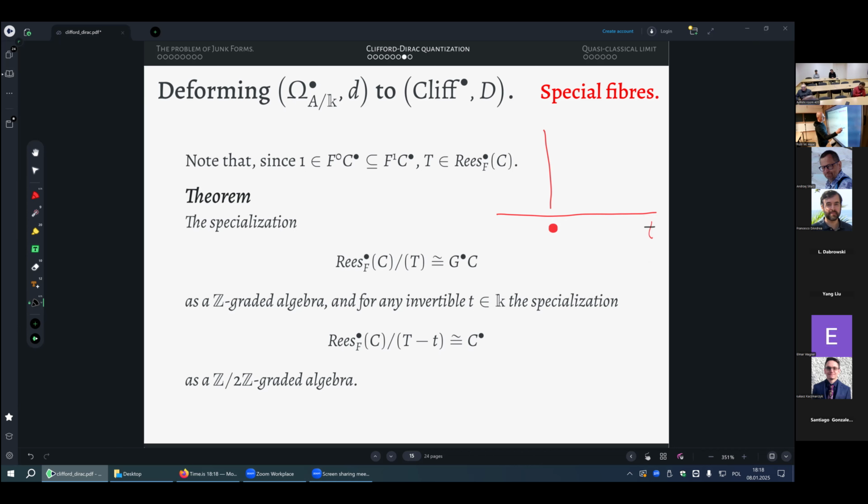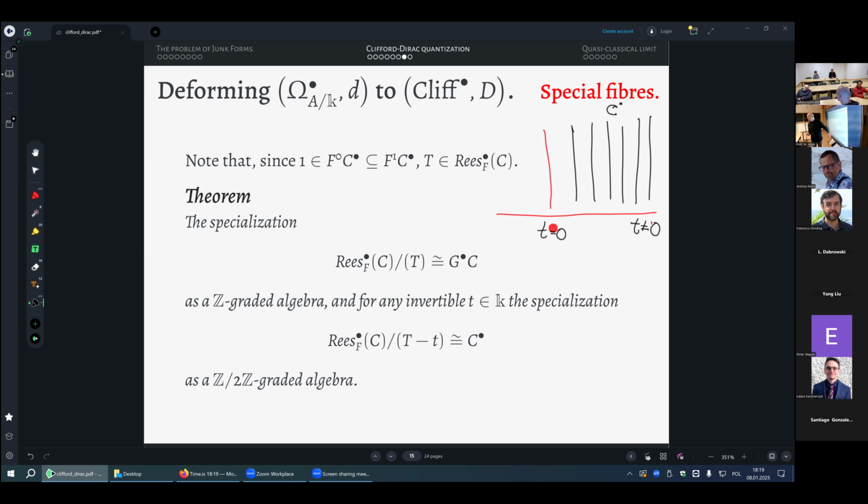So T invertible. For all values T invertible in the field K, in this one parameter family, we have this filtered algebra.